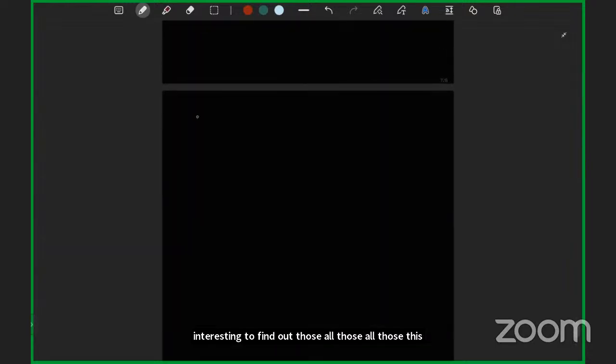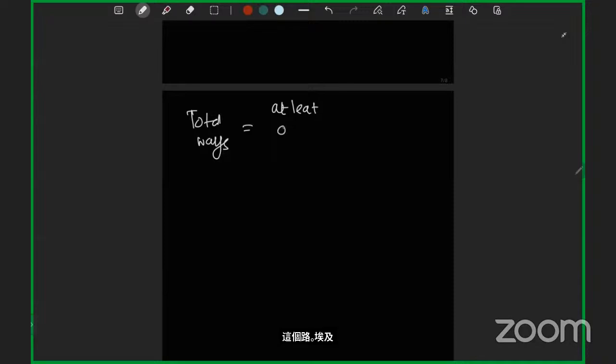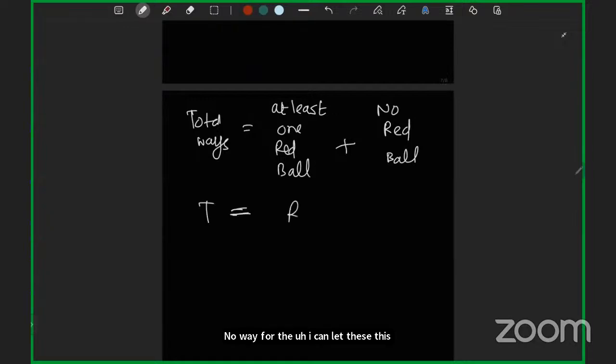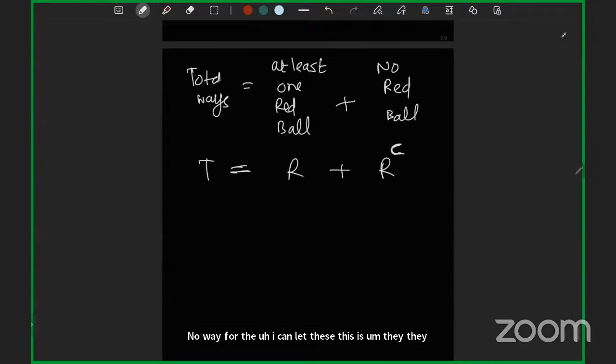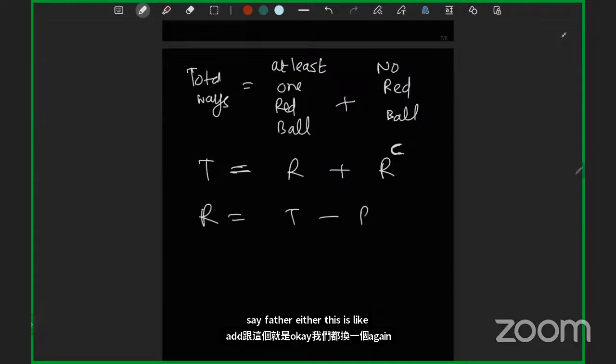So total ways is equal to at least one red plus no red ball. Let's say at least one red is R, then no red ball is the complement of it. So if I want to find R, I can subtract the complement of R.